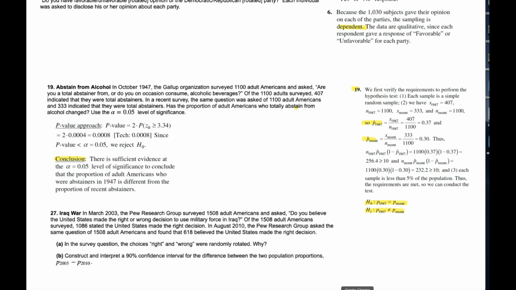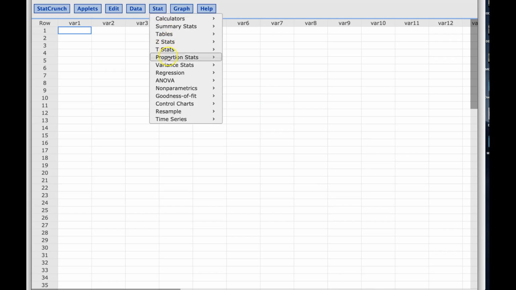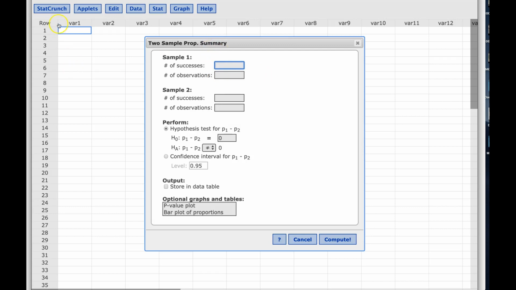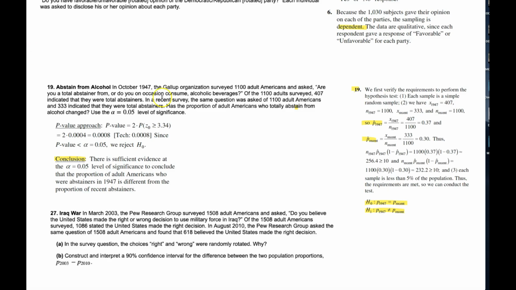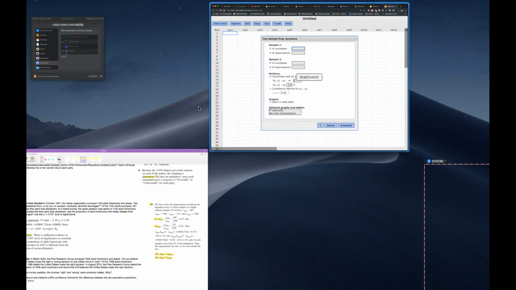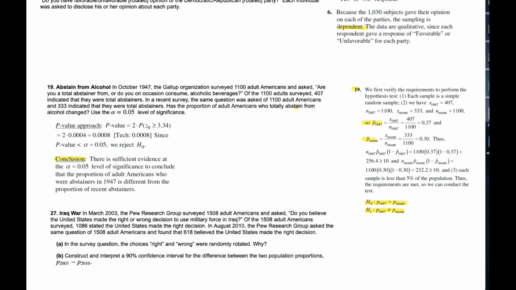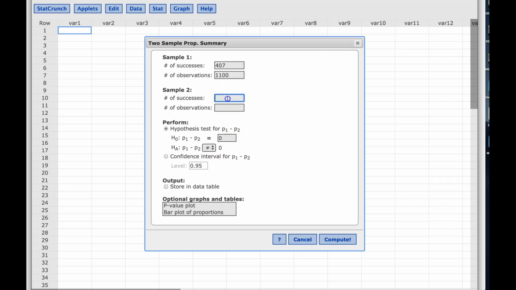But on StatCrunch, the way we would do that is stats, proportion stats, and now we're at 2 sample with summary. Going back to our 2 samples, we have 407 out of 1100. So you put that in, and then the other one was 333 out of 1100. Just based on the samples, they're different.